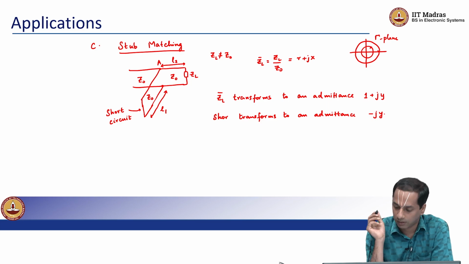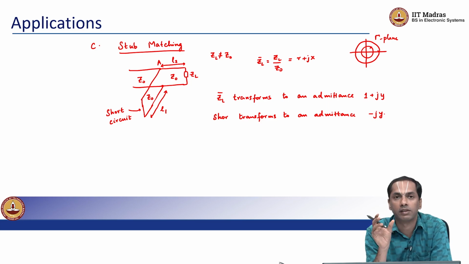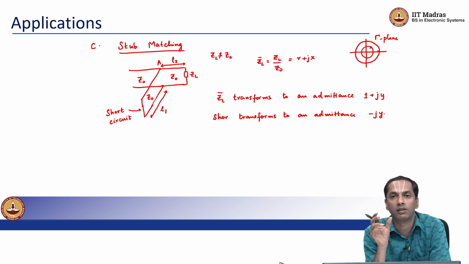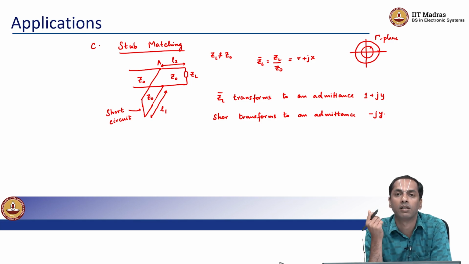So the idea is that this stub length of L1 terminating in a short circuit essentially maps to an admittance of exactly the negative quantity in the imaginary value that is required to cancel off the imaginary component that you get from transforming the load impedance to the bifurcation point A. This can always be done.